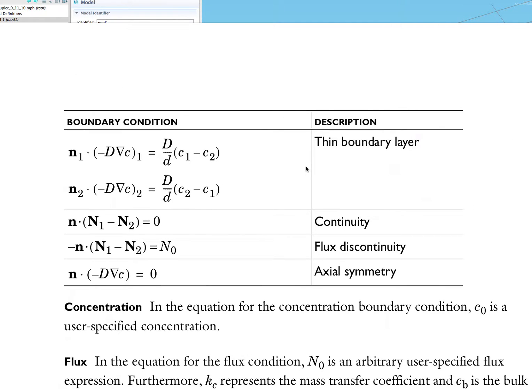There are additional boundary conditions if you have multi-layer diffusion.